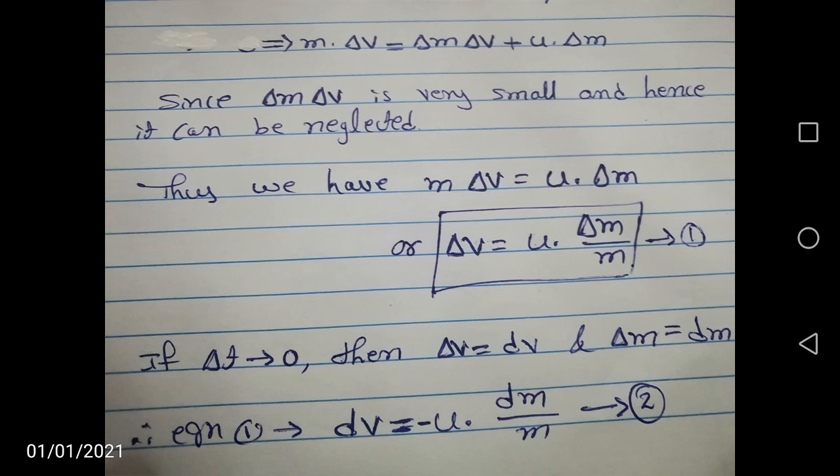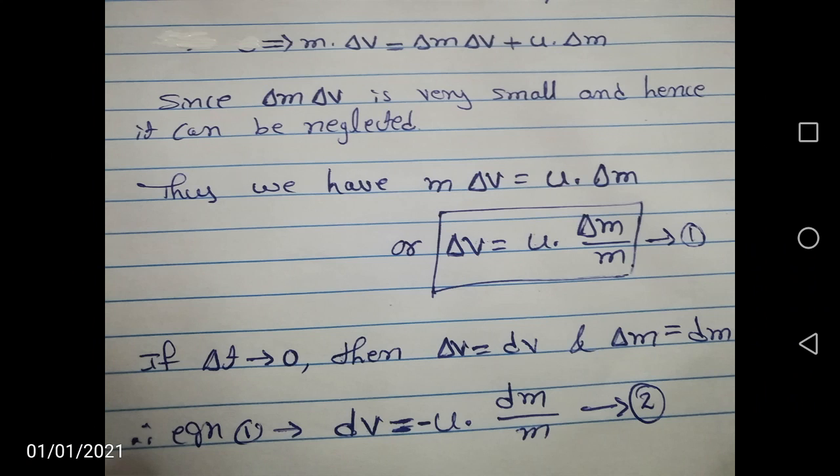Since the term delta m into delta v is very small, we neglect it. Then m delta v equals u delta m, or delta v equals u delta m divided by m.